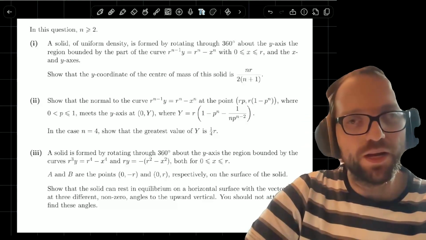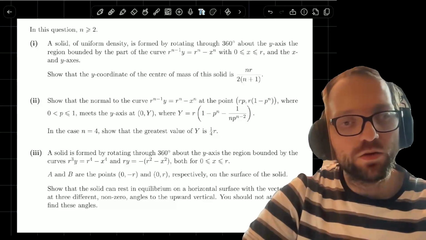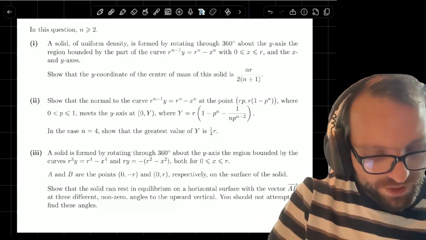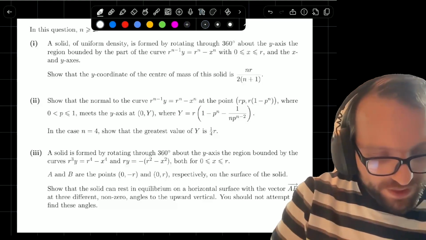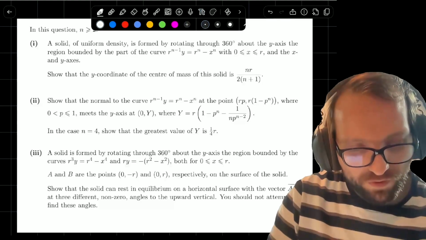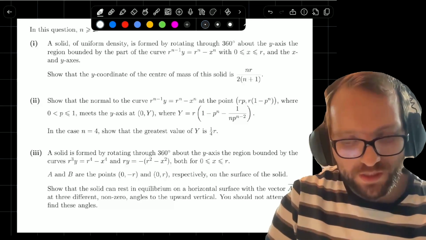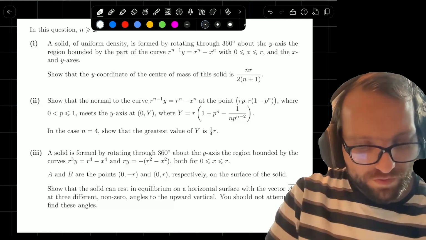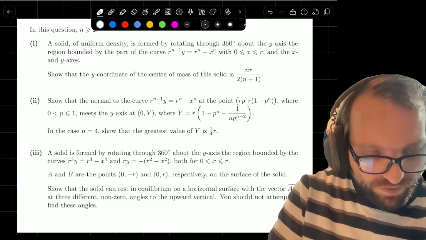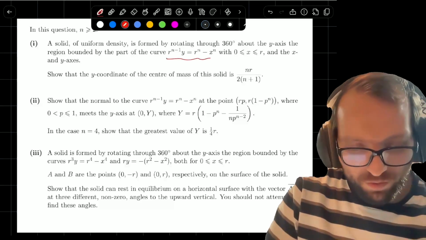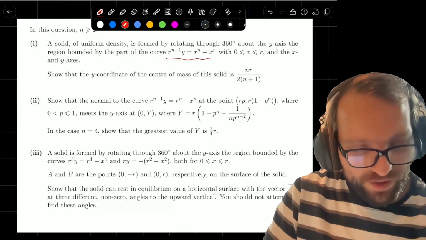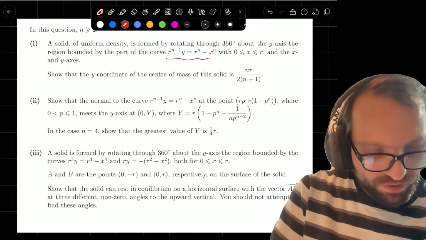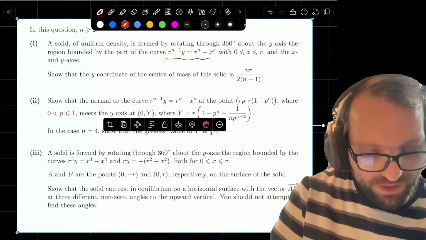So let's begin. In this question, in the first point, we have a solid of uniform density formed by rotating through 360 degrees about the y-axis the region bounded by the part of the curve, with this expression for the curve, with x between 0 and r, and we want to show the coordinates of the center of mass.